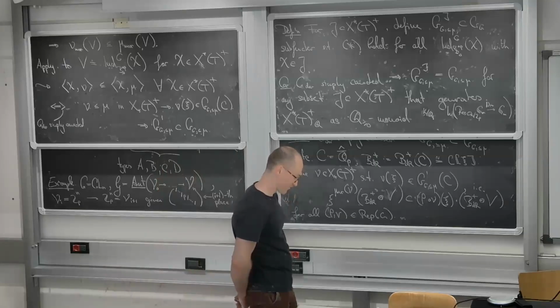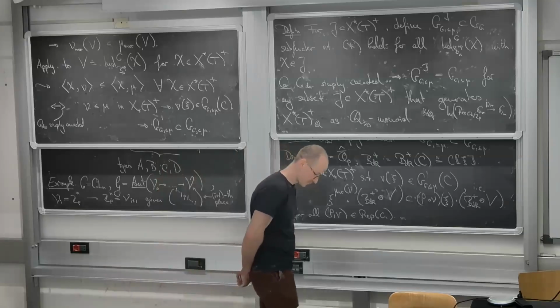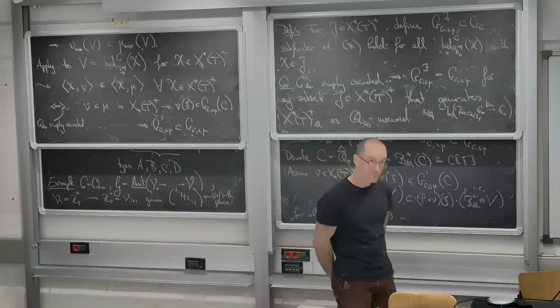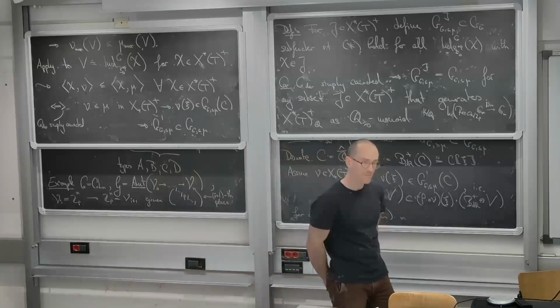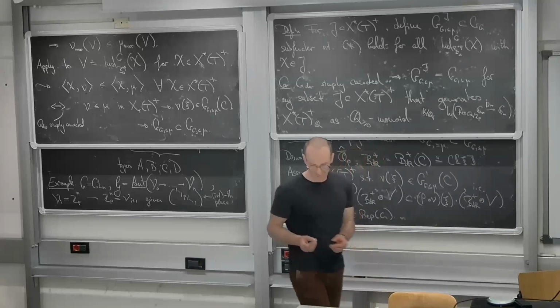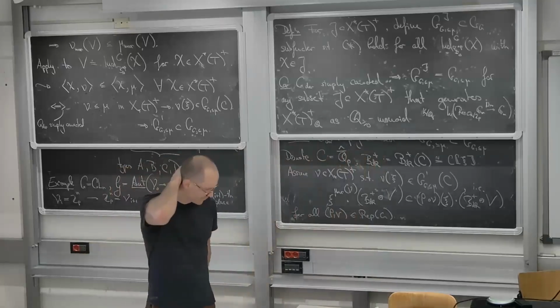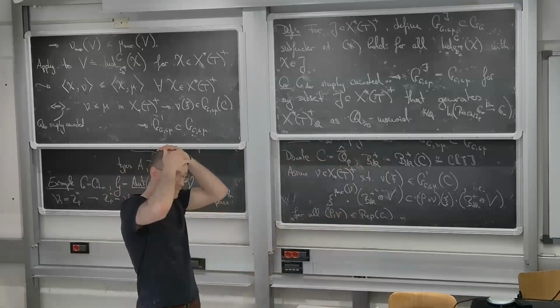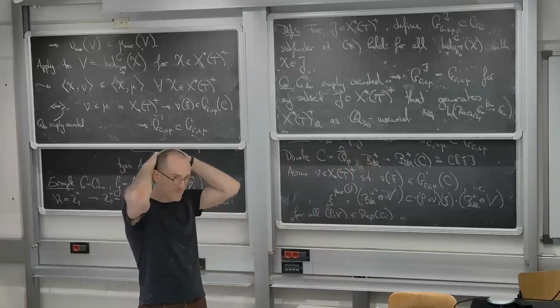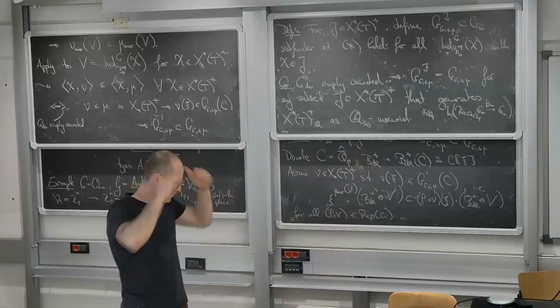But the question is, can you make a connection with the moduli? A moduli space means to me that any point has an interpretation in terms of, I don't know, abelian varieties or something like this. Yes, that's a good question.